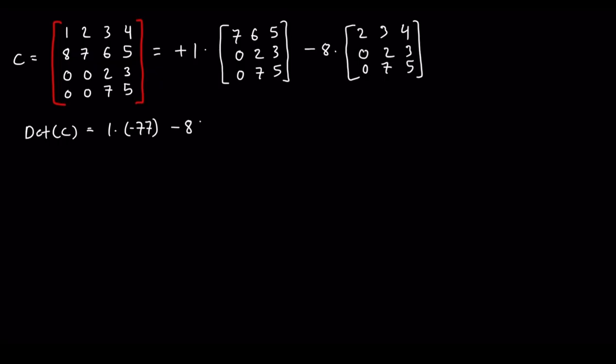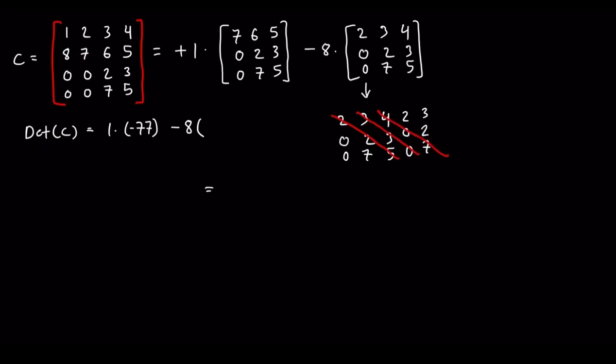minus 8 times. Now we need to find the determinant of this matrix. So I'll just copy this again, and now I'll write the first two columns to the right: 2, 0, 0, 3, 2, 7. And then we just multiply the entries along the diagonal.